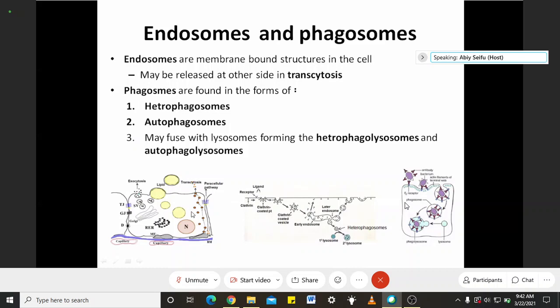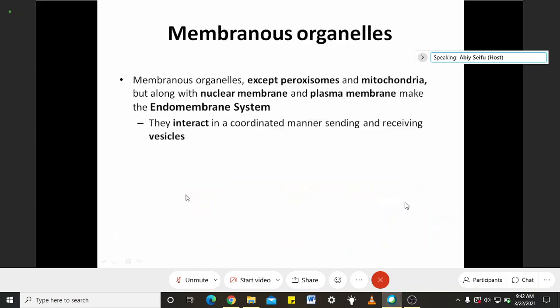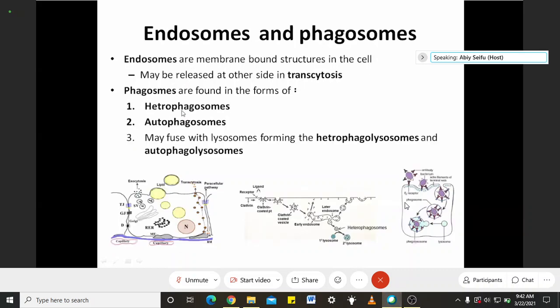So in this manner, they are active and they also belong to the active structures within the cells, which are nothing but organelles. And these may be digested. In the case of phagosomes, they may be heterophagosomes or autophagosomes.